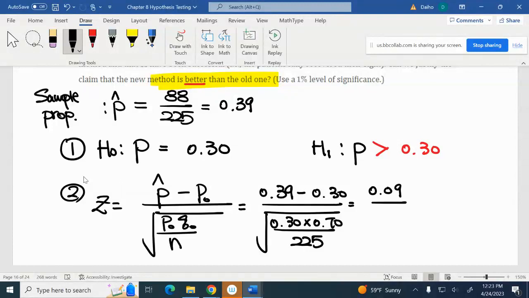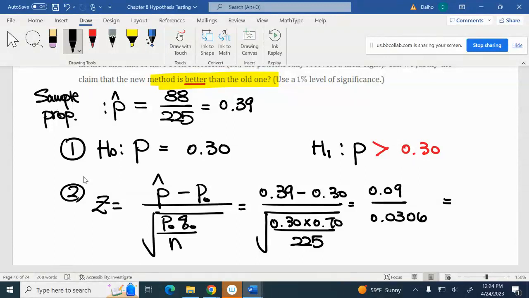Be careful, 0.09, and then the square root of 0.3 times 0.7 over 225. The denominator must be 0.0306. Then when I take the fraction, 0.09 over 0.0306, we have a z-score.